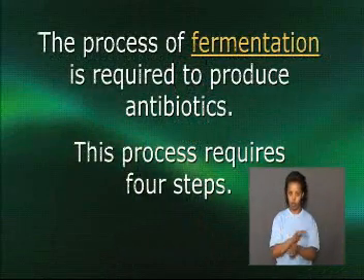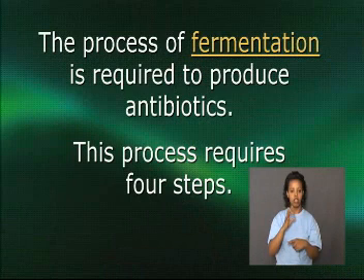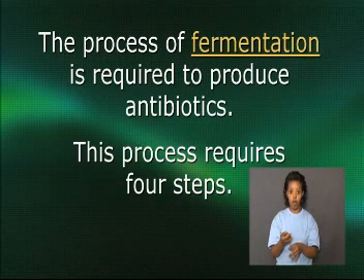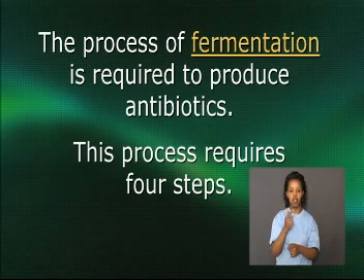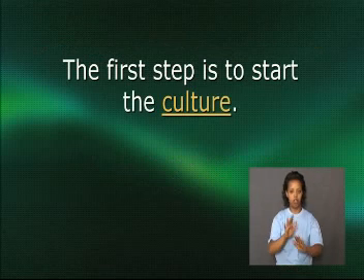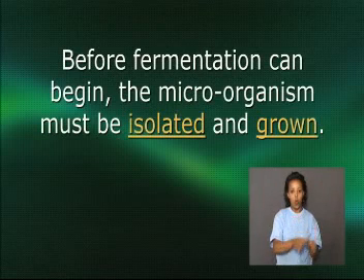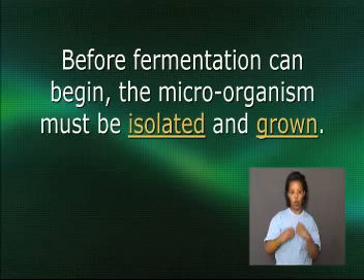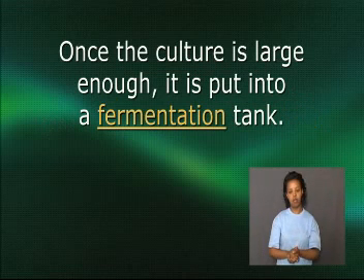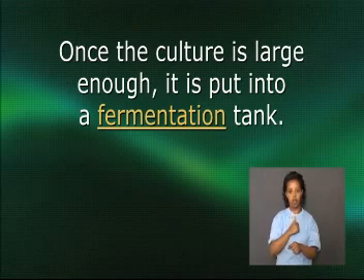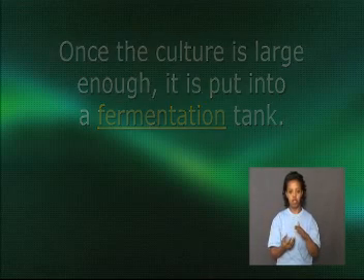The process of fermentation is required to produce antibiotics. This process requires 4 steps. The first step is to start the culture. Before fermentation can begin, the microorganism must be isolated and grown. Once the culture is large enough, it is put into a fermentation tank.